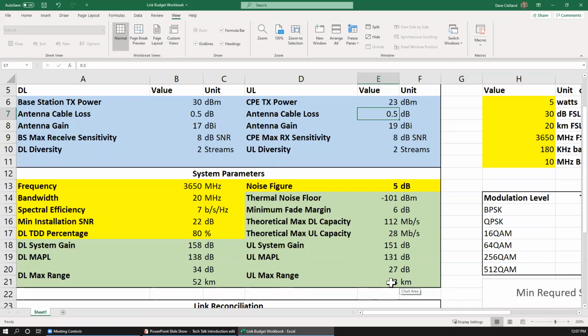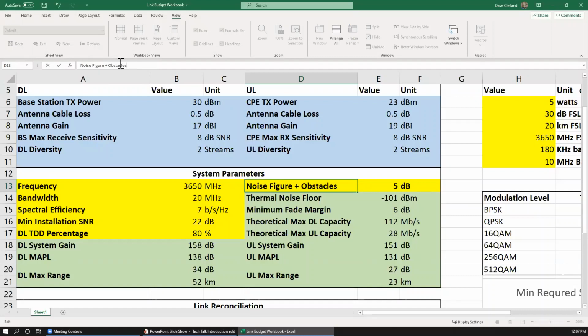That's the way that once I understand what my MAPL is, then I come up with these values here, and we can know then that my range for sure is going to be less than that. Now, if I have interference or other anomalies, let's say that I want to take into account 20 dB of obstacles.